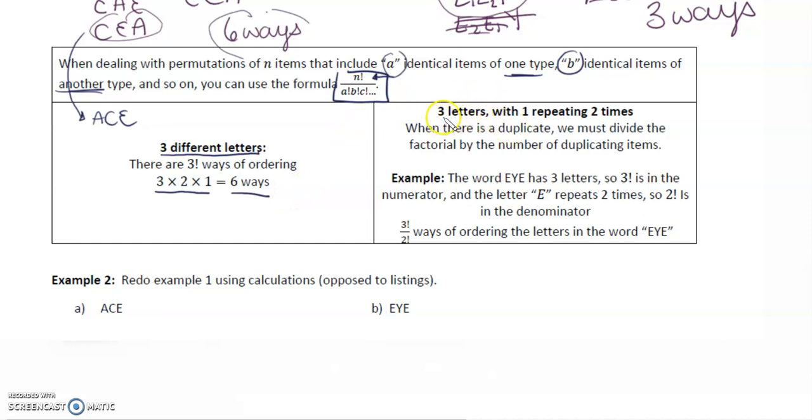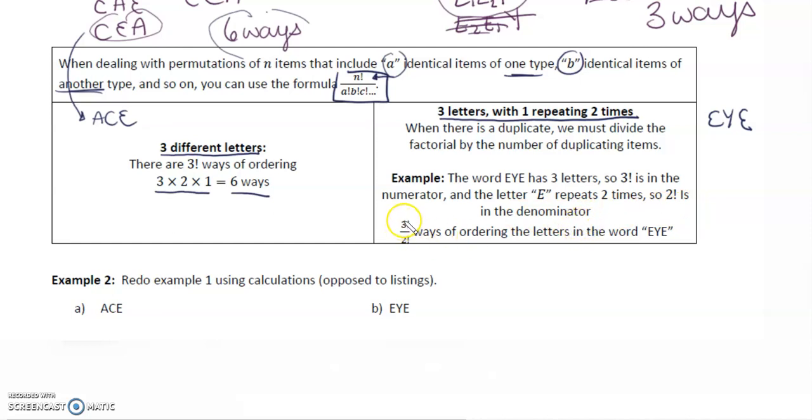Now, on the other hand, if we have 3 letters with 1 repeating 2 times, and this is the EYE example, when there is a duplicate, we must divide the factorial by the factorial of the number of duplicating items. The word EYE has 3 letters, so 3 factorial is going to be the numerator. And the letter E repeats 2 times, so 2 factorial is going to be the denominator.